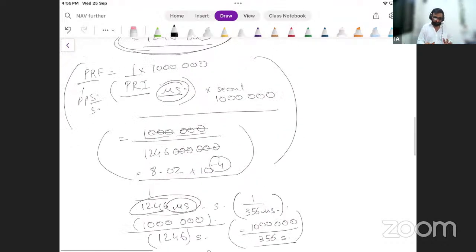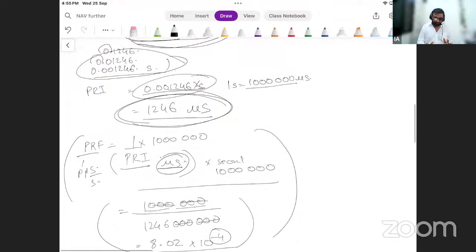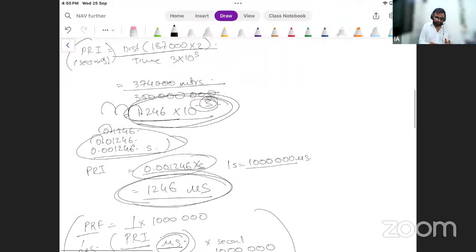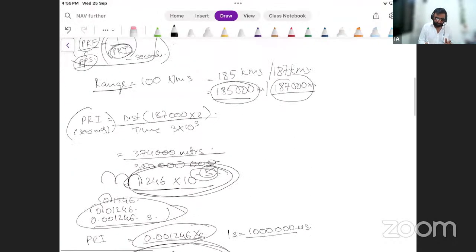All right. We were using which value? We were using this value, 187. If I use 185, then I'm going to probably get more accurate answer, 185,000 into 2.